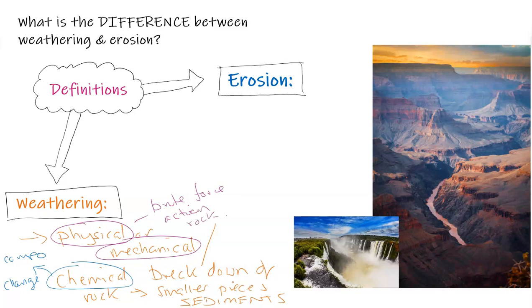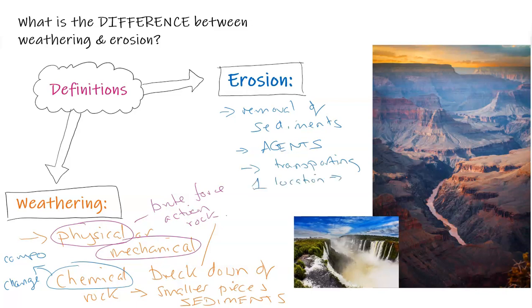So erosion is the removal of such sediments through various agents, or different ways or methods of transporting different size sediments from one location to a new location.